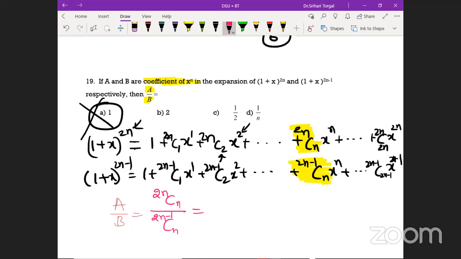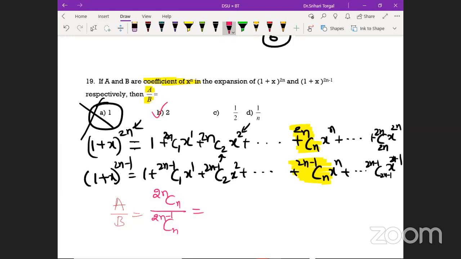If you put n equal to 1, you will get the coefficient of x power 1. That may not be equal to the required answer. I think you cannot generalize it.